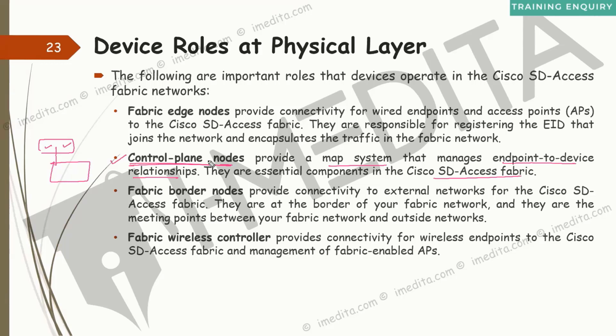In that database, it will include the information about the endpoint ID and its associated switch IP address, not a public IP address, switch IP address. Why they have done that, we'll talk about later in our network layer. But this is the role of the fabric edge node and the control plane.